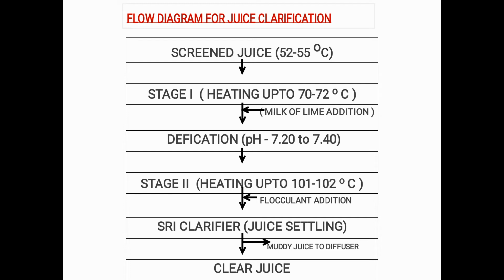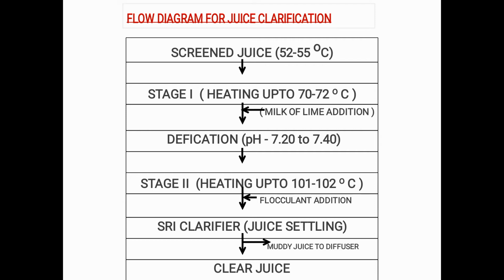In the defecation plant, only milk of lime will be added for getting a pH of 7.2 to 7.4, and second stage heating will be up to 102 degrees Celsius, and then after flocculant addition, that juice will go to the settler via a flash tank. Then from here we'll get the clear juice, and muddy juice will go to the diffuser.